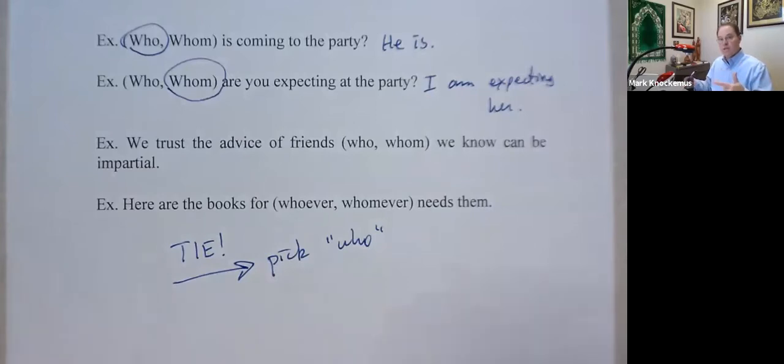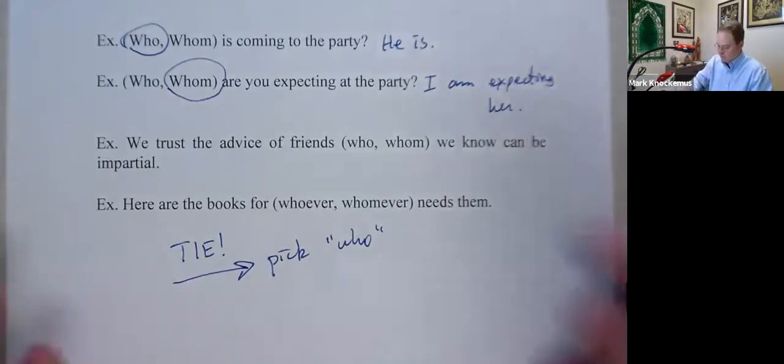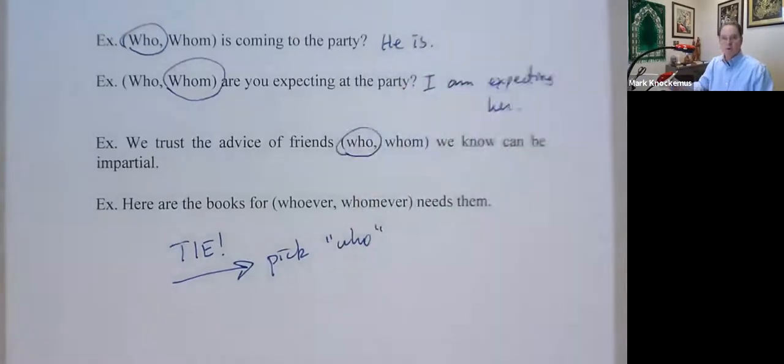Do you see how the sentence, the way this is structured? We dropped it into the middle, and we see that we can substitute both. So we pick who. Here are the books for them. He needs them, right? Here are the books for him. He needs them. What do we have? A tie.